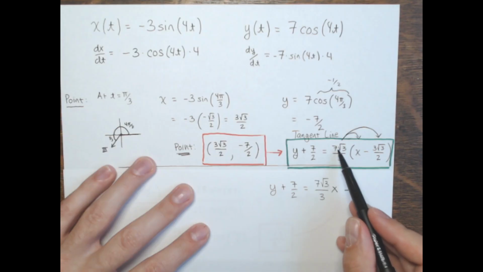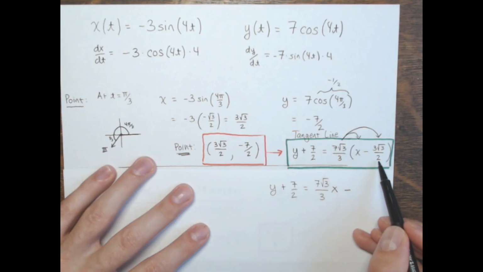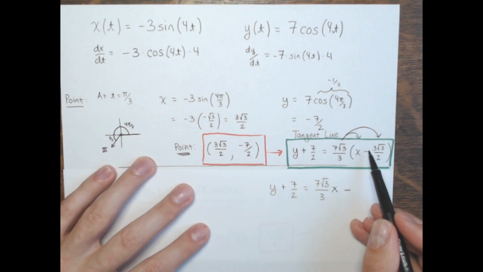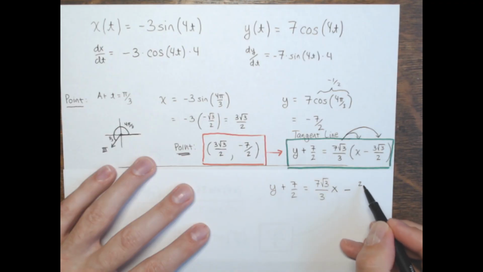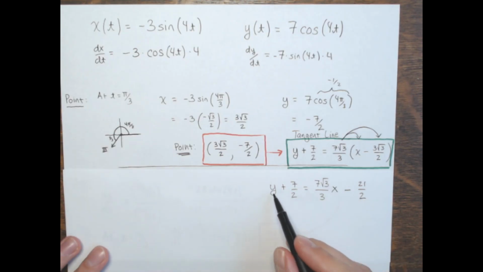Now, when I multiply 7 root 3 over 3 times 3 root 3 over 2, the 3's will cancel. Root 3 times root 3 is going to be 3, the square root of 9, right? And then 7 times 3 is 21, so it'll be 21/2. And then finally, to get y alone, take away 7/2 here.